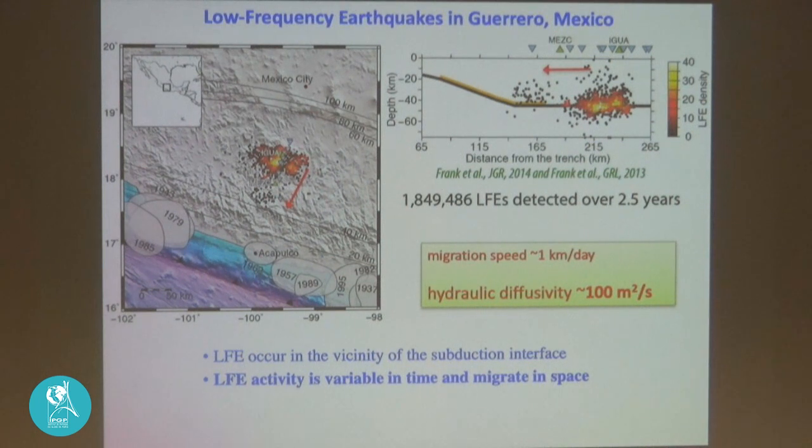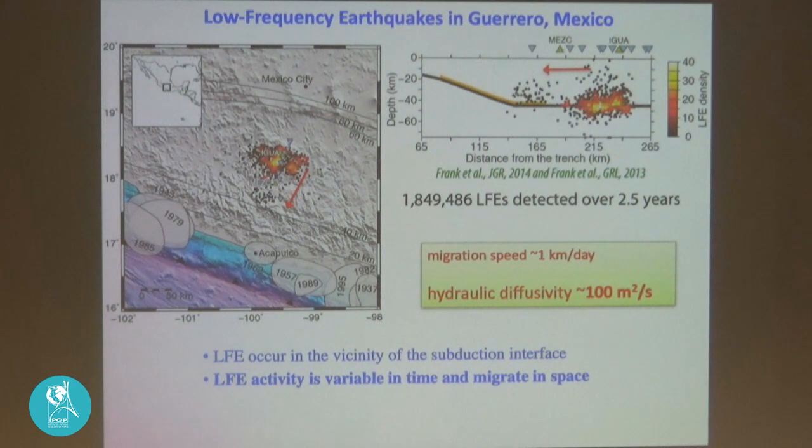If we try to interpret this in terms of a diffusive system and porous channel, what is interesting is that we end up with a very close value of hydraulic diffusivity compared to what we observe for volcanoes. Okay, so I stop here. I just wanted to show you that there are possible similarities and analogies between low-frequency seismicity in volcanic systems and tectonic faults, that we may try to interpret in terms of fluid processes.